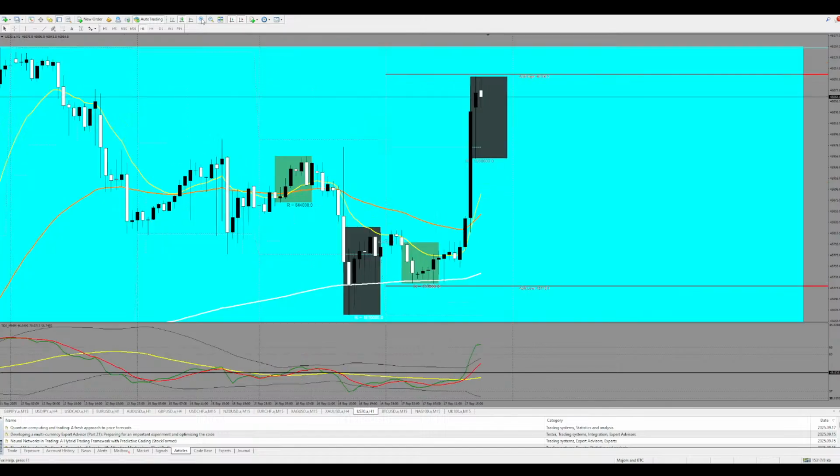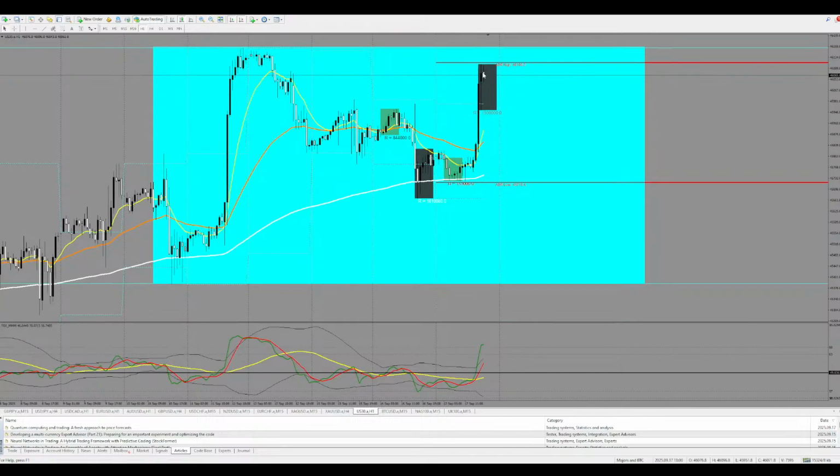So what we do not want to do at this point, we do not want to chase the price. So for instance, where price currently is, even though we've seen a break of structure and we know that the long-term trend is very bullish, or is crying out for a buy, we do not want at this point to just jump onto this simply because we've seen this huge candlestick.